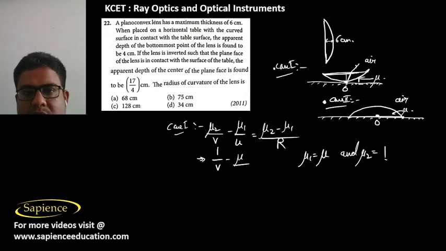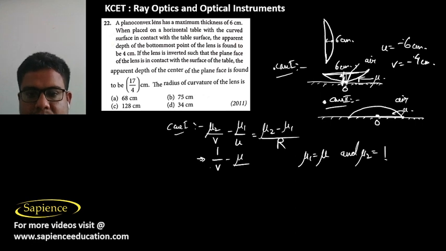Here it is told the maximum thickness is 6 centimeter, so u is minus 6 centimeter. V is found to be at a depth of 4 centimeter, so v is minus 4 centimeter.